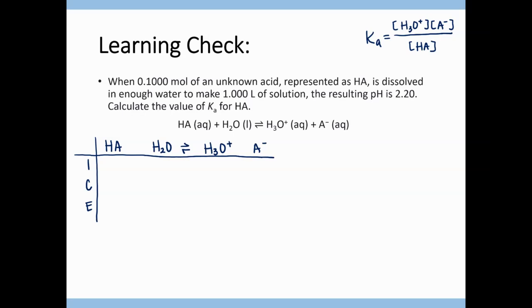We have 0.1 moles added to a 1 liter solution. So molarity is 0.1 divided by 1, which is 0.1. H2O, that's a liquid. We don't care about H2O. Leave that column blank in the ice table. Don't need any information for that. We just need H3O plus and A minus. But initially, all that's added is HA. So H3O plus is 0 concentration and A minus is 0.